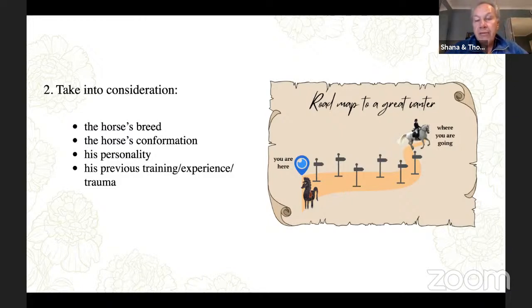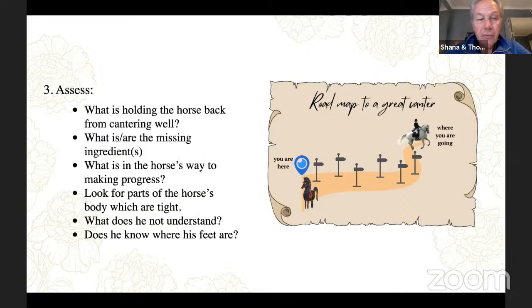A lot of horses have had bad experiences in certain areas, and so they're traumatized, and that shows up, and makes the job harder. So all these aspects have to enter your evaluation and your analysis, and they influence your choice of exercises and the approach you choose.